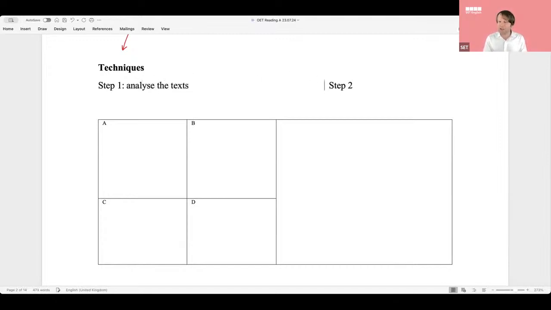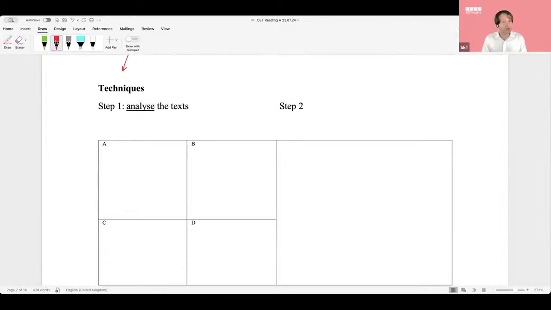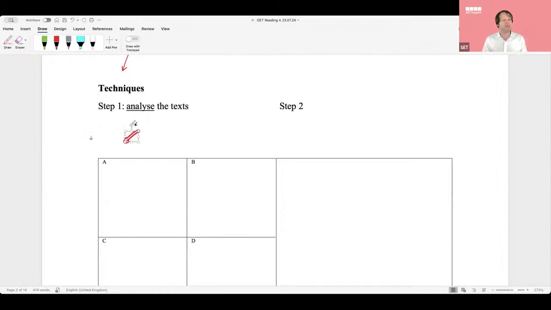What does analyze mean? Analyze, like you differentiate the text. Yeah, you've got to differentiate them. What does that mean, guys? Differentiate.